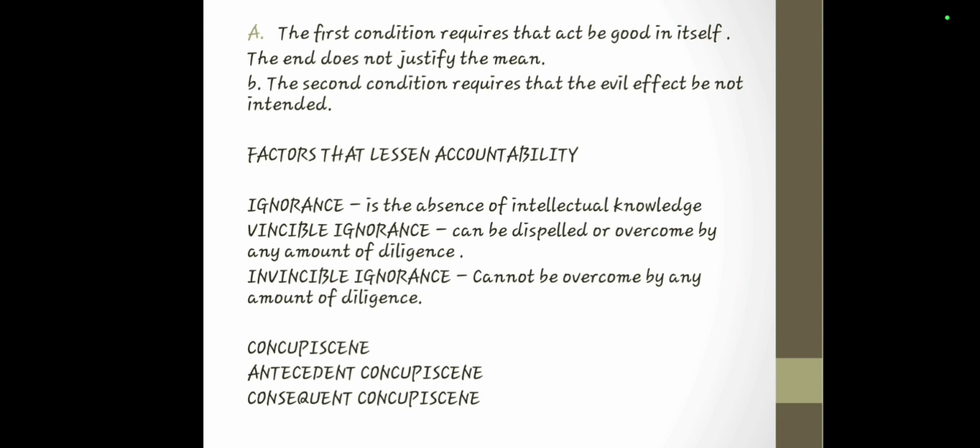Let's discuss first what ignorance is. Ignorance is the absence of intellectual knowledge, meaning you did not know what the situation is all about. You are clueless. We can distinguish vincible ignorance and invincible ignorance. Vincible ignorance can be dispelled or overcome by any amount of diligence. What does it mean?